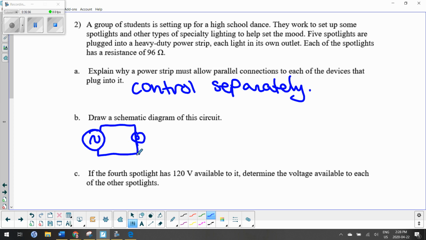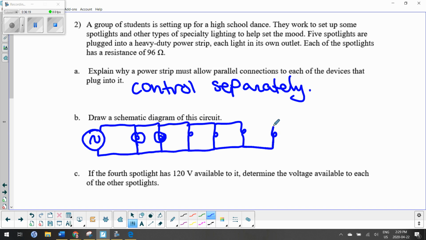That's one light bulb. Two light bulbs. Sorry, I'm really bad at drawing light bulbs, as you can tell. 3 light bulbs. 4 light bulbs. 5 light bulbs. I'm getting better. 6 light bulbs.